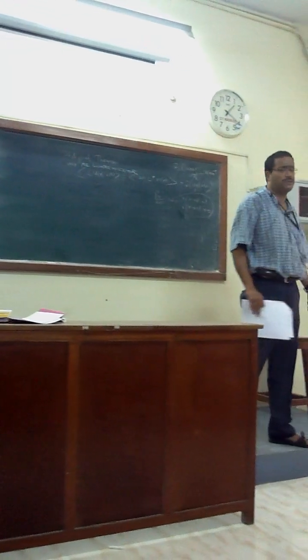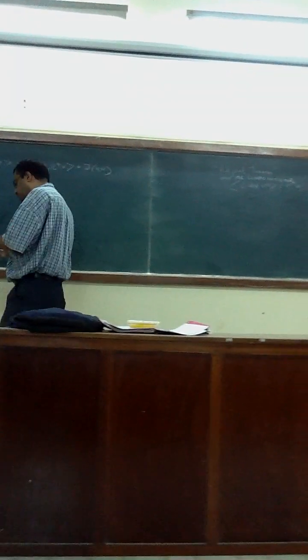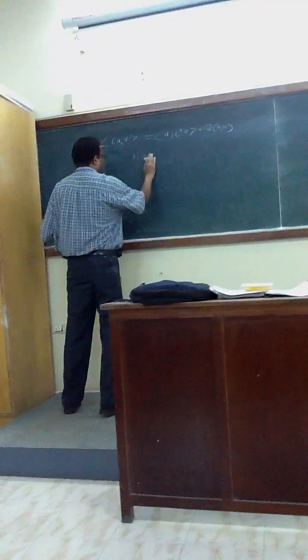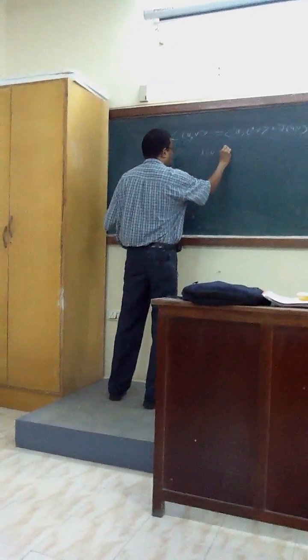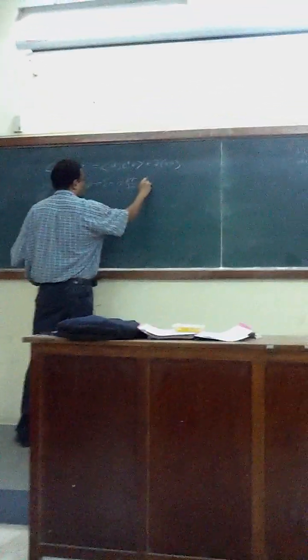So here we have to do integration by parts in a judicious manner. So what do you have to do? The formula you have to remember is d(uv) equals u dv dx plus v du dx.